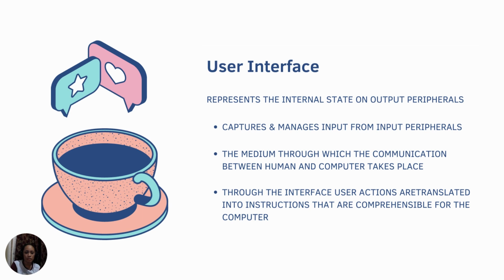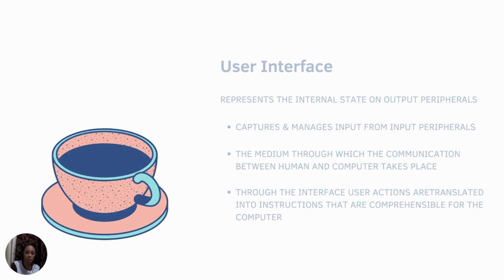Next, user interface. The user interface represents the internal state on output peripherals, meaning it captures and manages input from input peripherals, the medium through which communication between human and computer takes place. Through the interface, user actions are translated into instructions that are comprehensible for the computer.